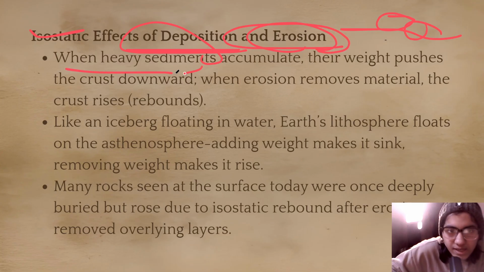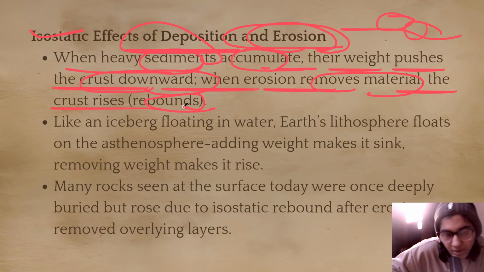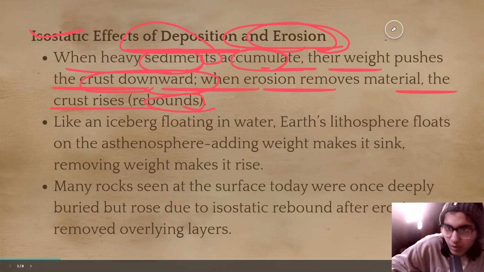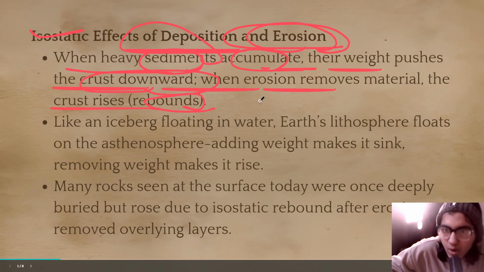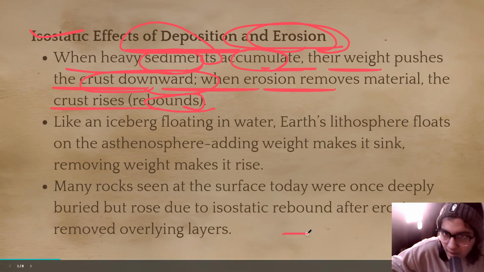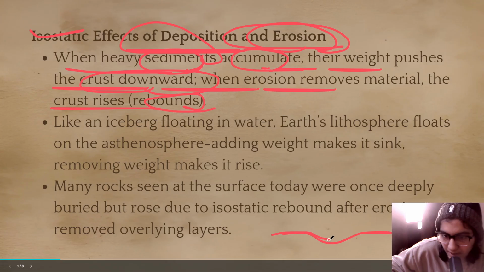When heavy sediments accumulate, their weight pushes the crust downward. When erosion removes material, the crust rises and rebounds. This is a very simple statement, like basic common sense. If you put a heavy object on the land, on the lithosphere, on the crust, it will bend.